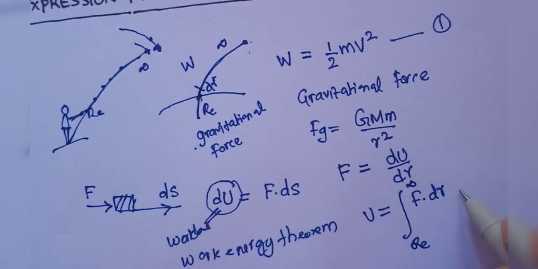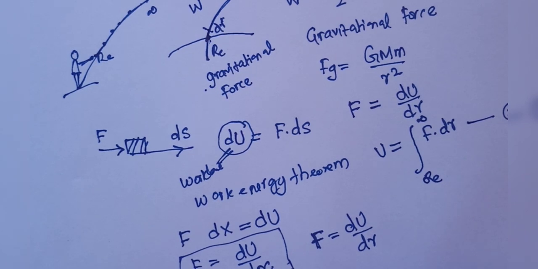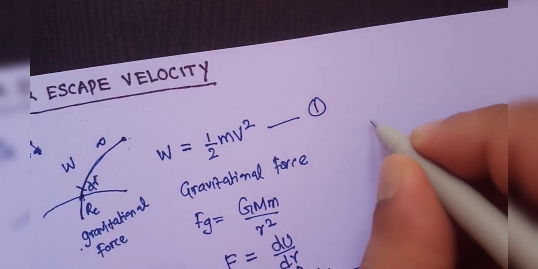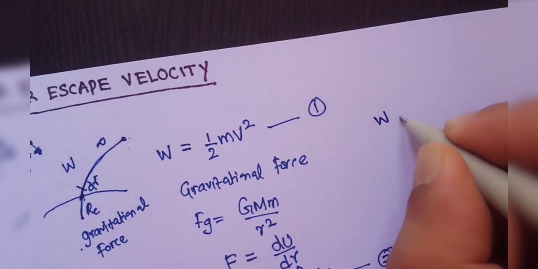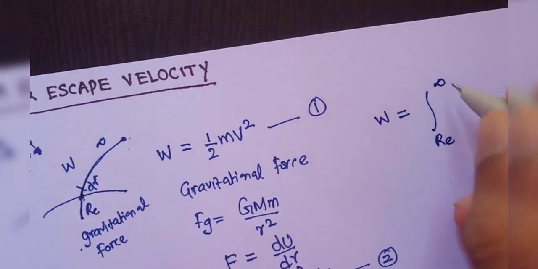Now let's make this equation 2. So by doing the energy balance, we have W. Now I'll write here so that we'll get some space. W is equal to integral from Re to infinity F dot dr.